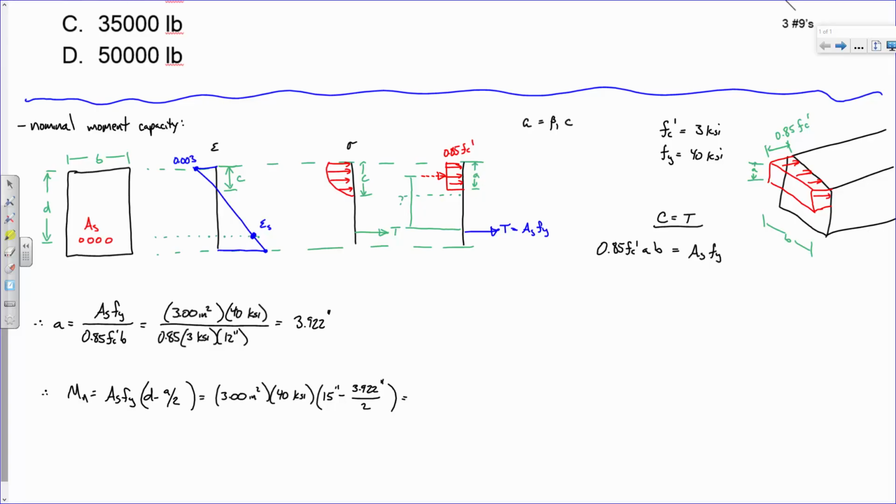Say it again. 1564.7. Do I have a second on that? Awesome. Now, what are the units? Inch kips. Because we've got ksis and inches. So this is inch kips. What about in foot kips? How do I convert from inch kips to foot kips? It's simple. Just divide by 12.